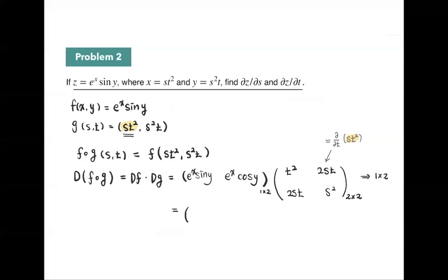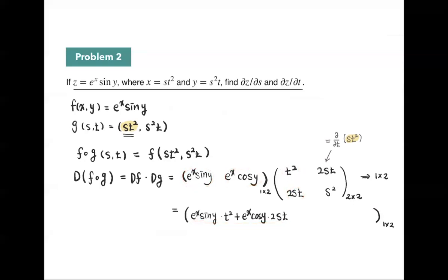The first entry is given by e to the x sine y times t squared plus e to the x cosine y times 2st.